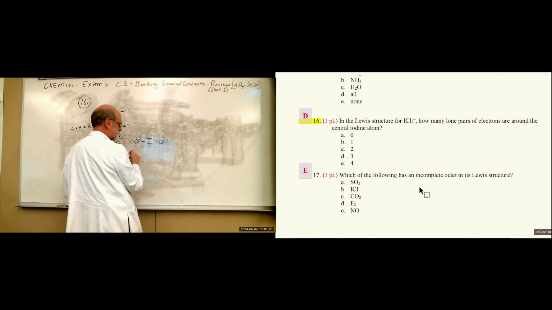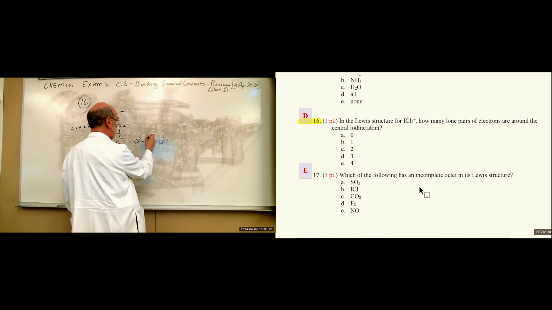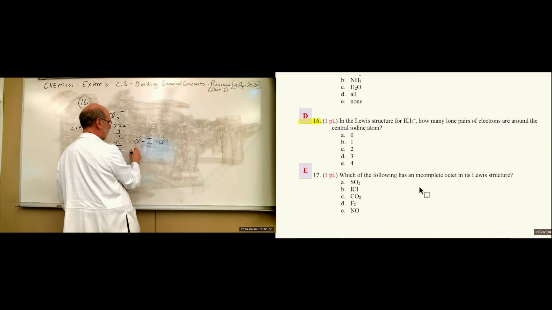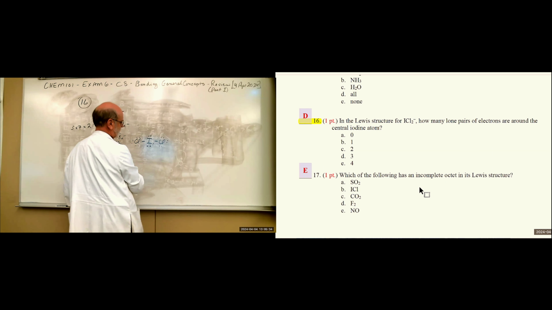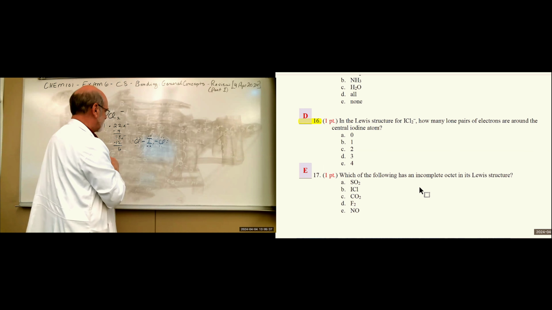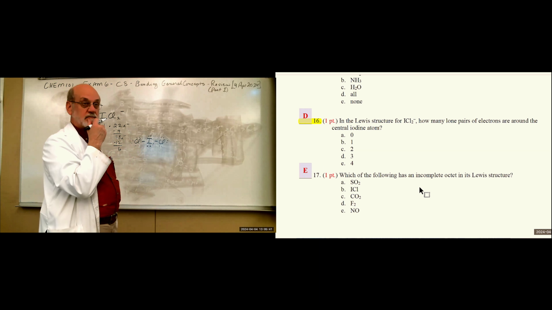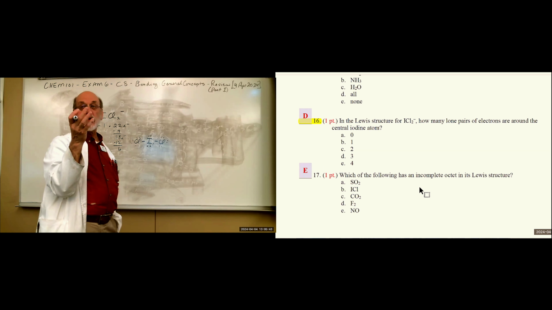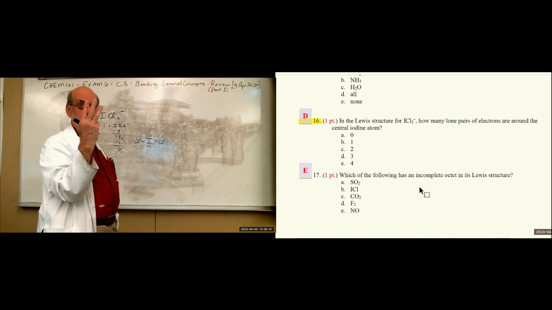So we have to put 2 here. Right? That's 2, 4, 6, 2 more. Now iodine's got an octet, but we've only used up 4. So we have to put 2 more. Okay. That means iodine is going to exceed the octet. And to answer the question, how many lone pairs are around the iodine? 3. 3 lone pairs.